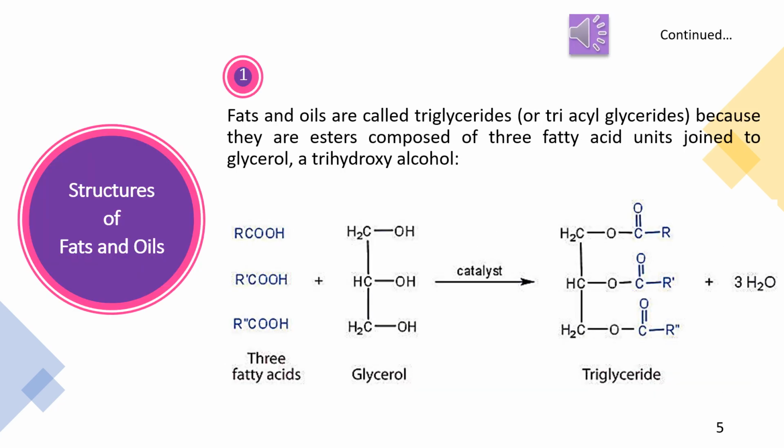Structures of fats and oils. In this slide you will learn about the structures of oils and fats. Fats and oils are called triglycerides or triacylglycerides because they are esters composed of 3 fatty acid units joined to glycerol, a trihydroxy alcohol.